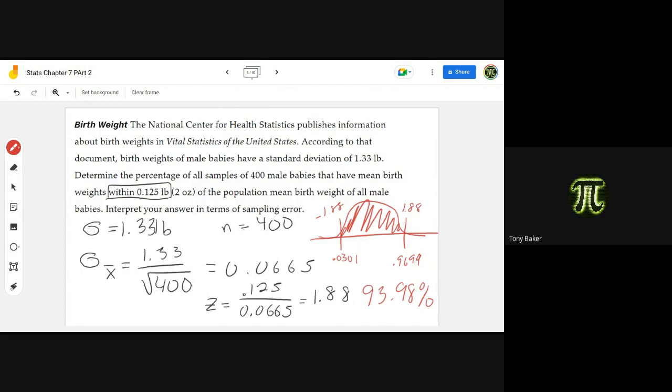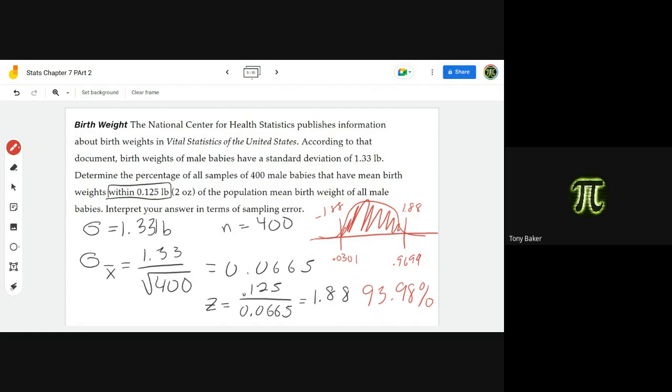So if I told you the average weight of those babies was 8 pounds, so I took those 400 samples and my average weight was 8 pounds, I would be 94% sure that the actual weight of all male babies that were born was between 7 pounds, 14 ounces and 8 pounds, 2 ounces. I wouldn't be 100% sure, I'd be 94% sure that it's somewhere between those.